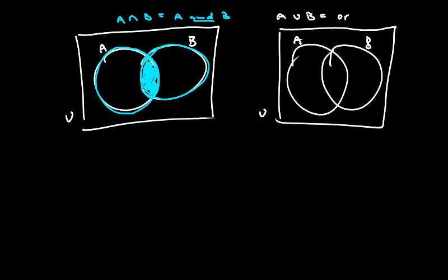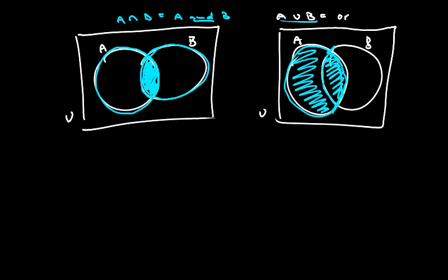If I have the number that is in this section, which is just in A, is this in A or B? Yes, it is. So everything that's here is included. Well, what about here? If I put a number in here, is it in A or B? Yes, it happens to be in both A and B. So yeah, it counts.